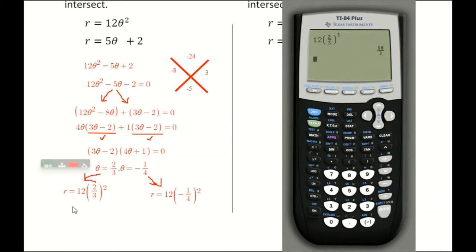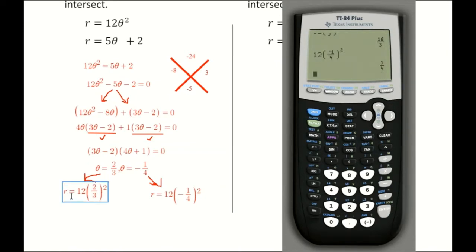So we get 16/3. Okay, so that's one of them. And then the other one would be 12 times negative 1/4 squared. Let's make it a fraction so it'll spit out a fraction for me. And that should be 3/4.